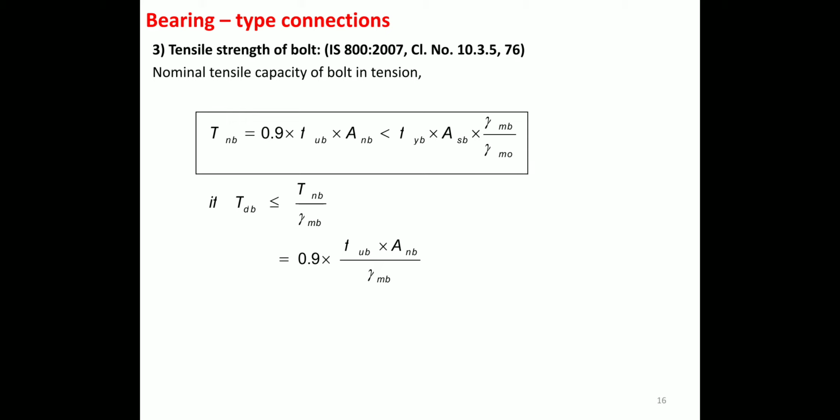TDB is less than or equal to the nominal capacity TNB, calculated from the above equation, divided by gamma MB, the partial safety factor for that bolt, which is also equal to 0.9 times FUB into ANB divided by gamma MB. Thank you.